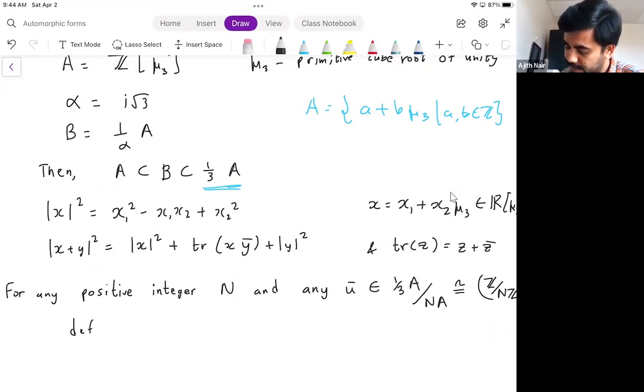Then we define a theta function. So for any such n and u, we define a theta function.